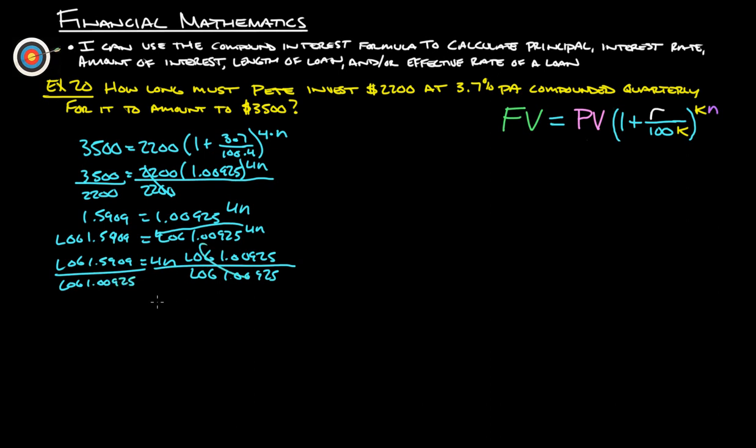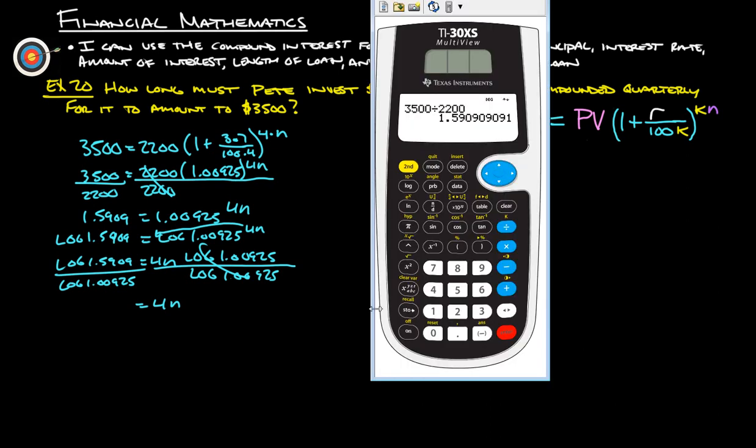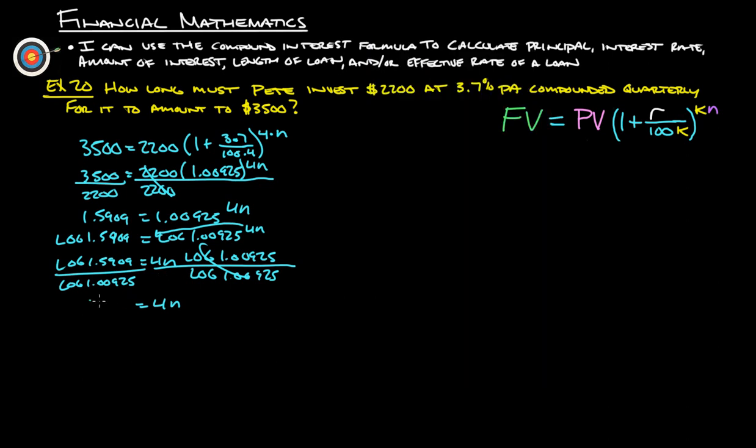Right, so that goes away and we get 4n equals, so let's calculate that out. There's our 1.5909, so let's just do log of our answer. That's 0.201, and then we are going to divide that by log 1.00925, right? And we get 50.426.